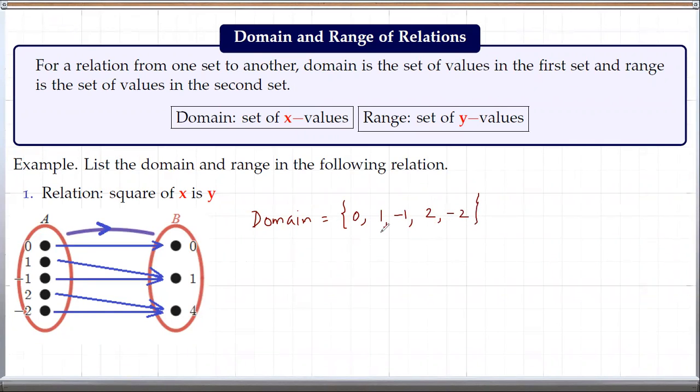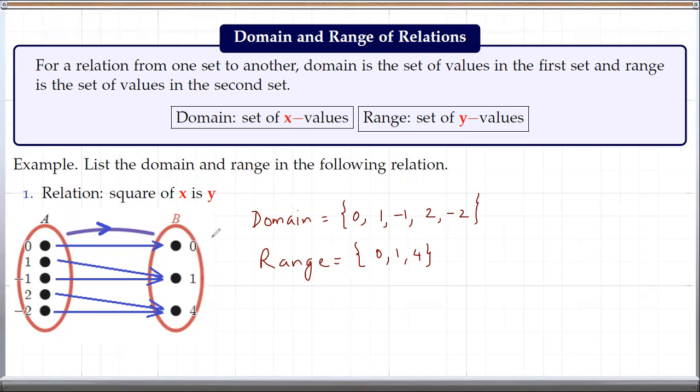So this is the domain. All these X values, all the values from the first set is domain. And the range is all the values that are being mapped to from the first set. So in this case, we have 0, 1, and 4. This is the range.